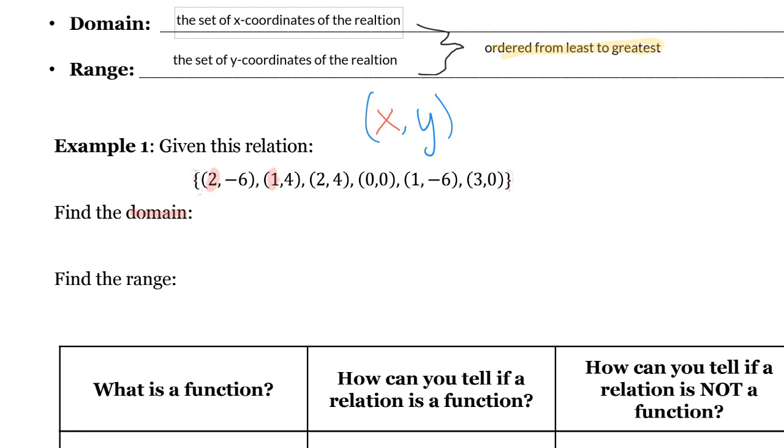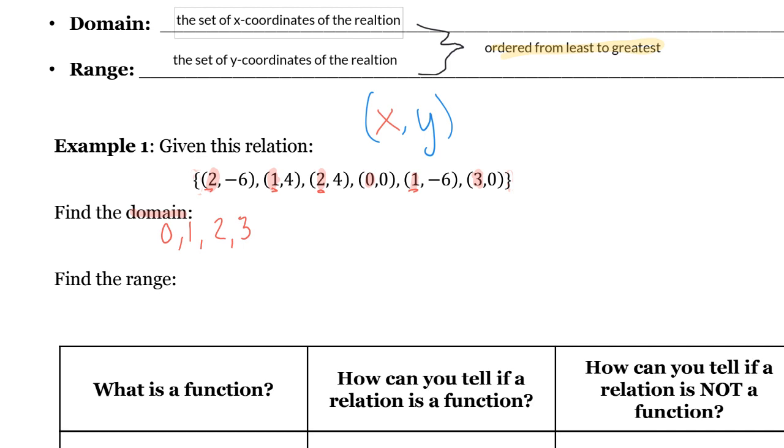So 2, 1, 2, 0, 1, 3. Okay, so we always start with the smallest number, which is 0. And then the next one is 1, and then 2. So there's 2 ones and 2 twos, right? I don't need to write them multiple times. I just write it once, no matter how many there are.